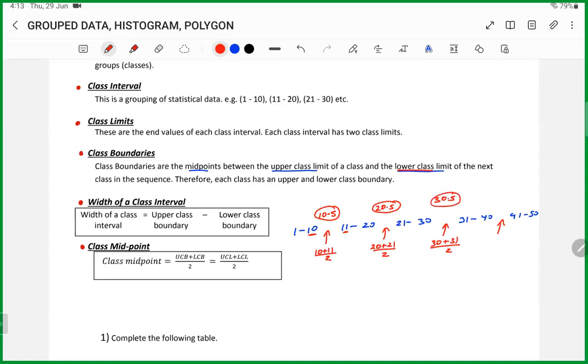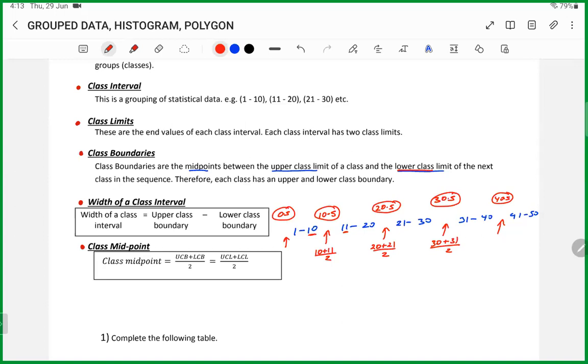So those are the boundaries. Now, you would similarly follow that trend. And if you wanted, you would get 0.5 because you see a trend in the boundaries, right? And then this would be 40.5. And then 50.5 would be the next boundary there.